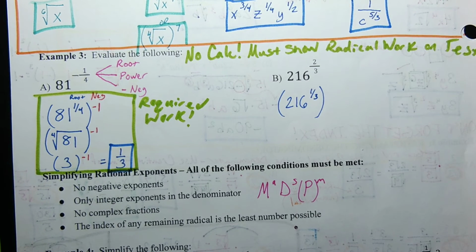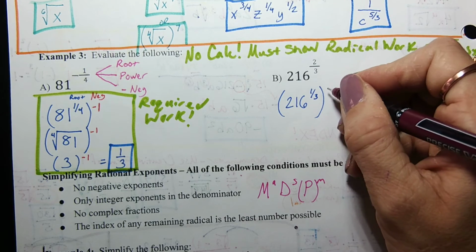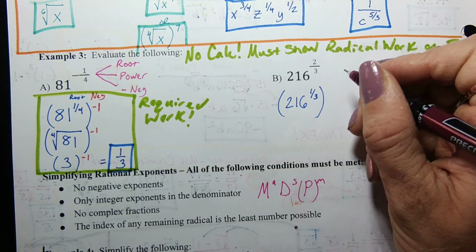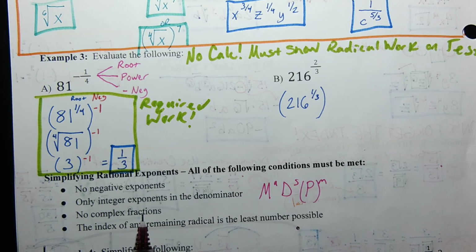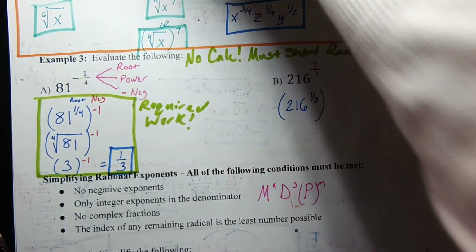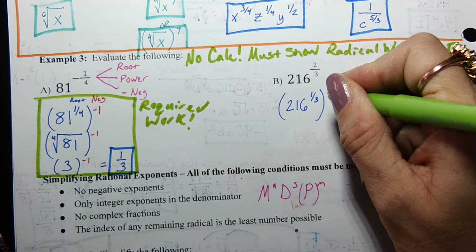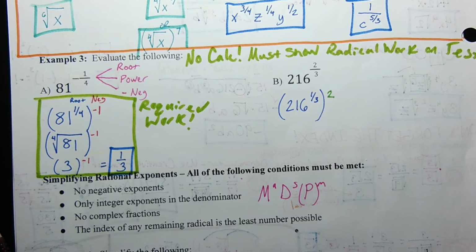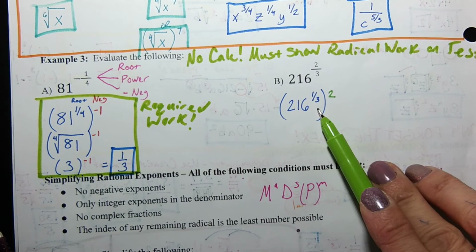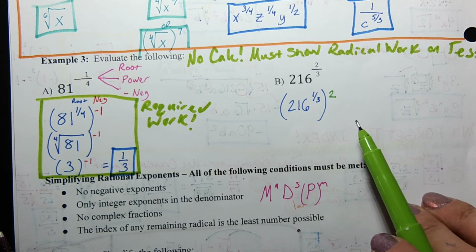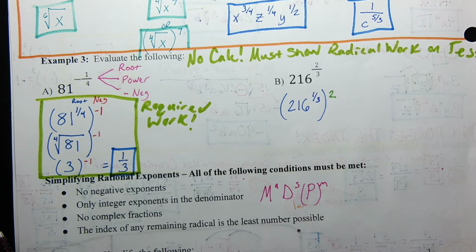That's going to give me that cube root. What power am I going to have on the outside? Squared. So is this the same as 216 to the 2/3 if I multiply those fractions? Yep, sure is. Haven't changed the value.